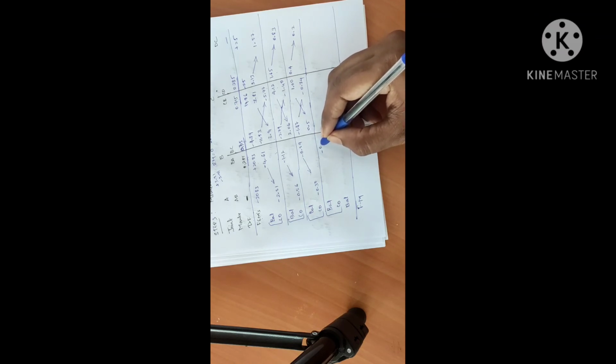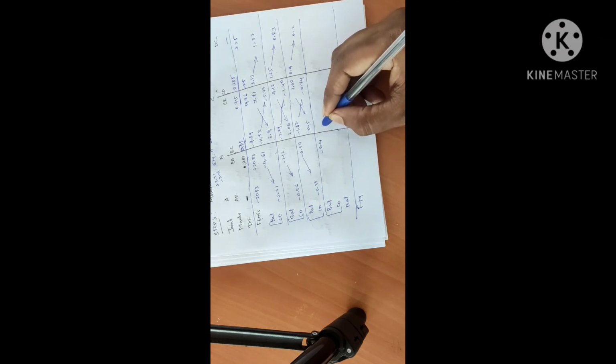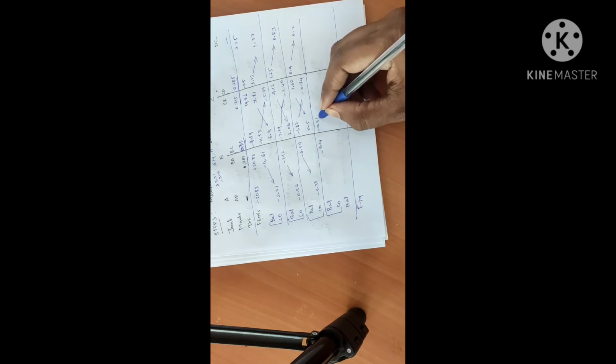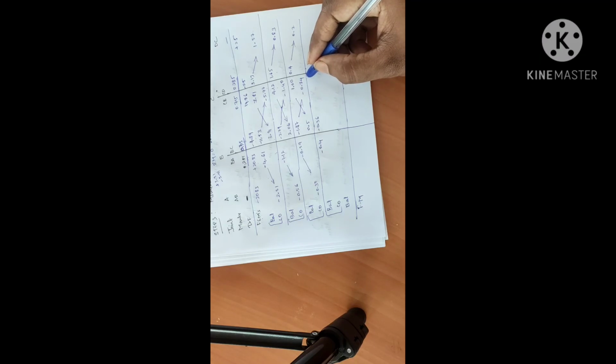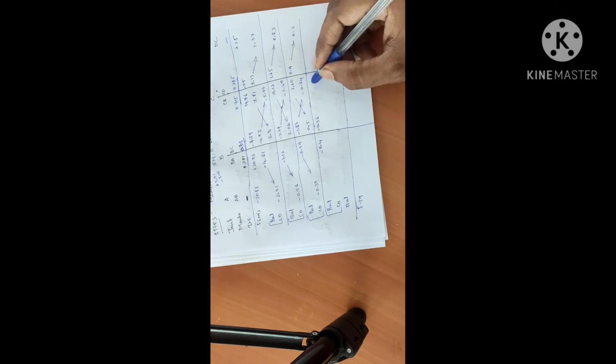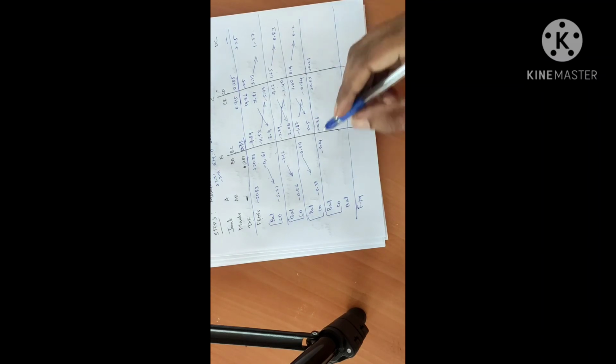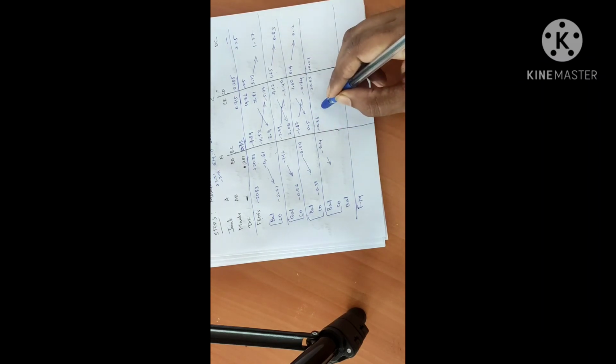After multiplying minus 0.5 with the distribution factors, it will be 0.14, and this will be 0.36. In the same way, minus 0.74 is the unbalanced moment. Balancing will be plus 0.74. This will be plus 0.53 and plus 0.21 if you multiply with 0.285.